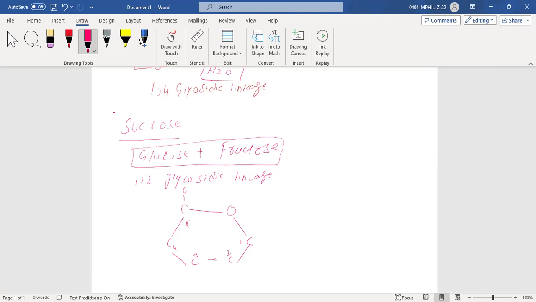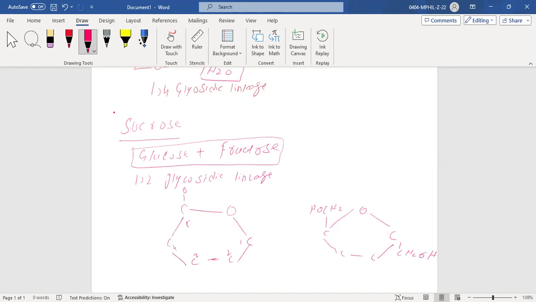The structure is changed like this. CH2OH. Here you will have another one, CH2OH.